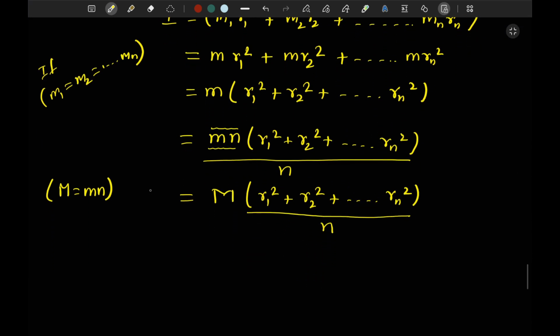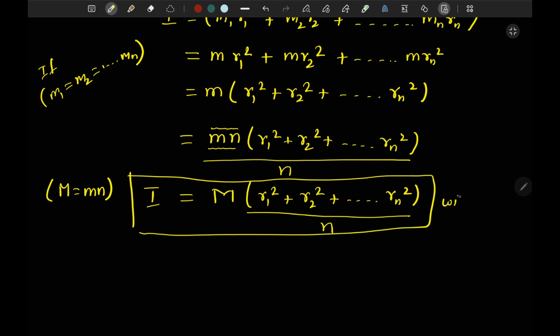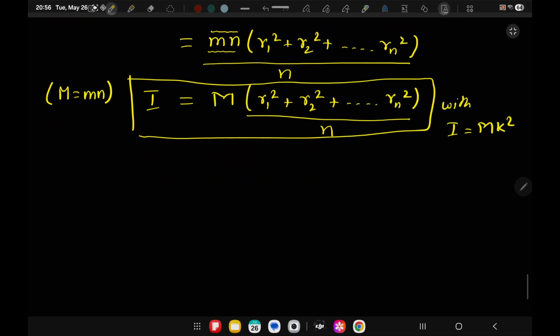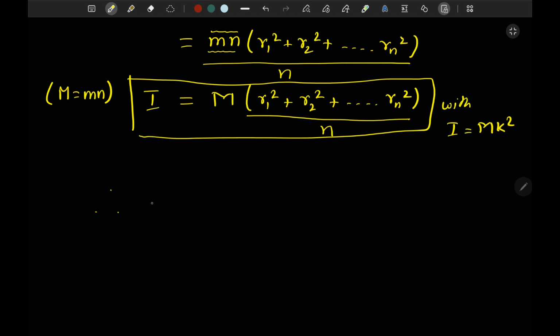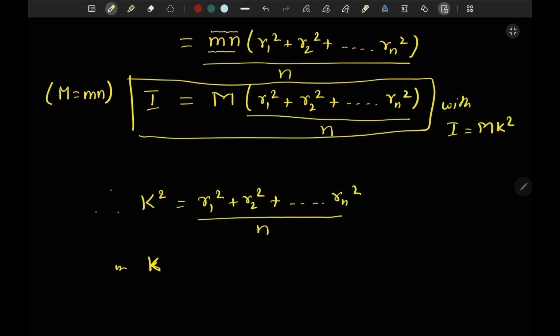So if we compare this equation with I is equal to M k square, what we get, k square is equal to r1 square plus r2 square plus rn square by n, or radius of gyration k is equal to root under r1 square plus r2 square dot dot rn square by n.